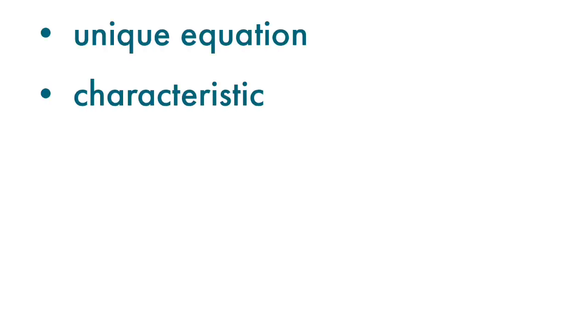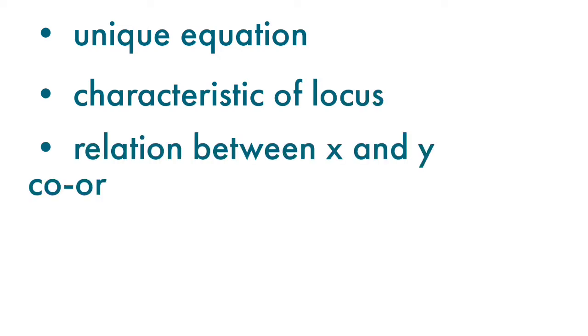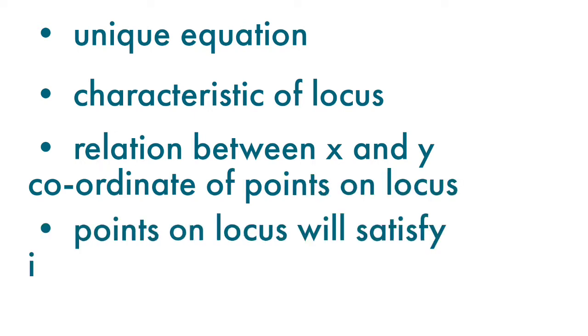Now students, understand that every locus will have its own equation. Okay. Now this equation will be the characteristic of that particular locus. We can safely say that equation of a locus is nothing but the relation between the coordinates of every point that lies on the locus. Okay.